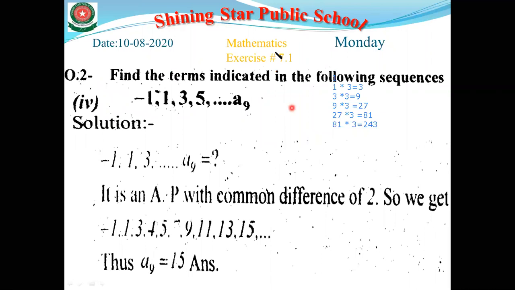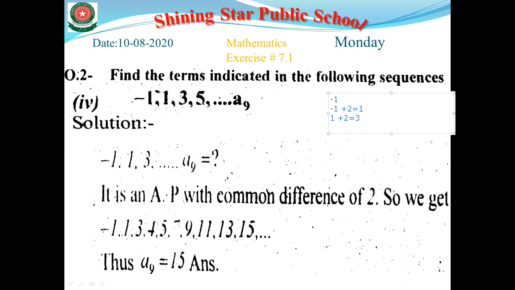Now part 4. Minus 1, 1, 3, 5. Here we can say that minus 1 is the first term. For the second term, we add 2, so that is equal to 1. For the third term, add again 2, then it's equal to 3.